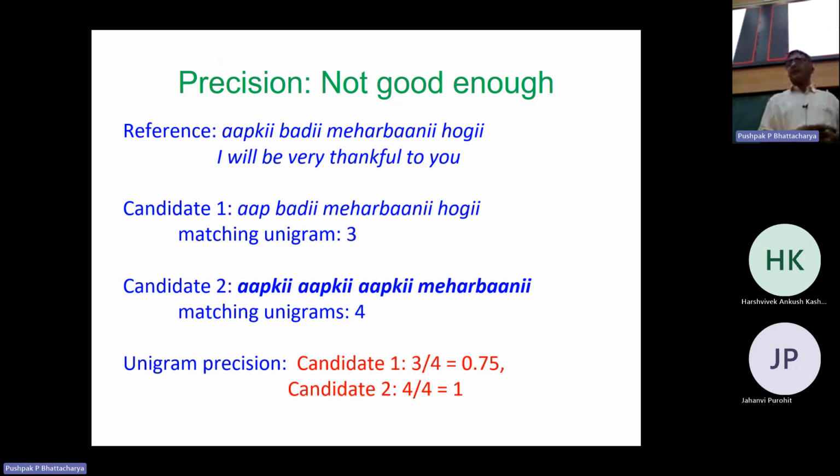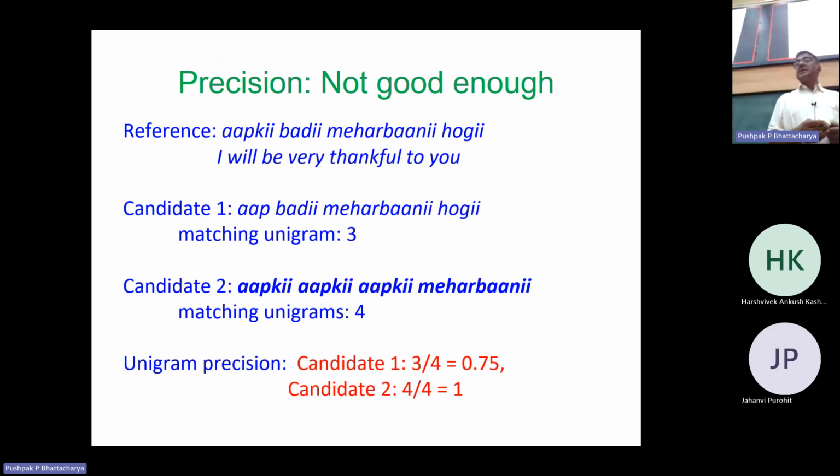That is the procedure. So now candidate 2 is आपकी, आपकी, आपकी मेहरबानी. 3 आपकी and then 1 मेहरबानी. So the matching unigrams are 4 in this case. The first word आपकी, does it match? Yes. Second word, yes. Third word, yes. Fourth word, yes.